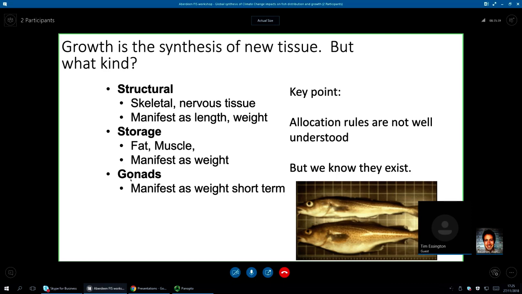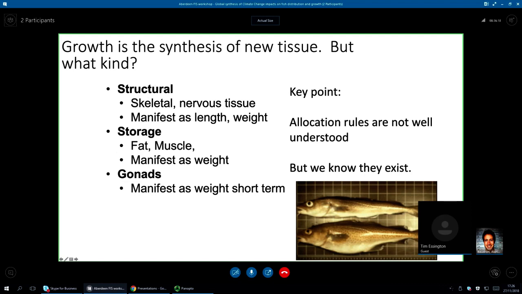But the key point behind all of this is really just to understand that growth is looking at changes in tissue. That process itself comes from a variety of allocation rules that the organism is using to figure out where to place the energy that it's consumed. And those allocation rules are really not understood well at all. Carl Walters and I did a fun little paper, and we went into it thinking we could come up with some first principles, using just basic optimization rules, of how it should choose to allocate between structural and storage.